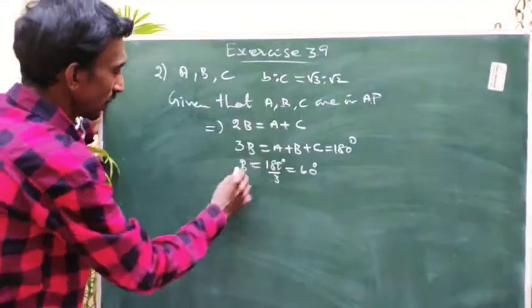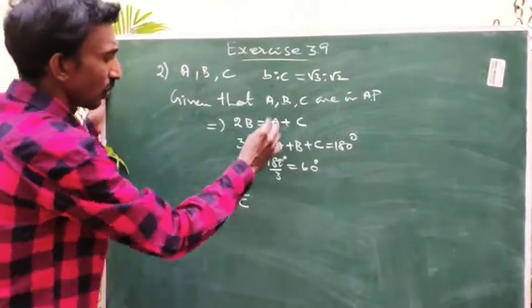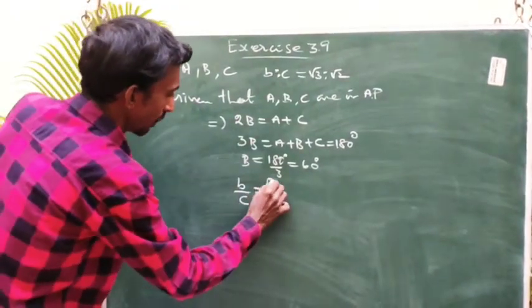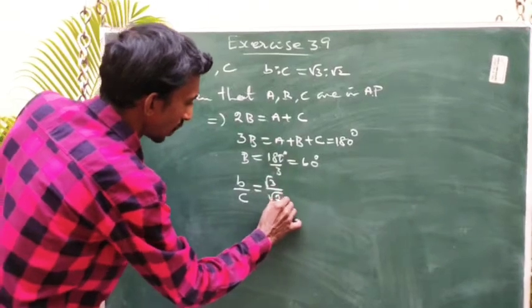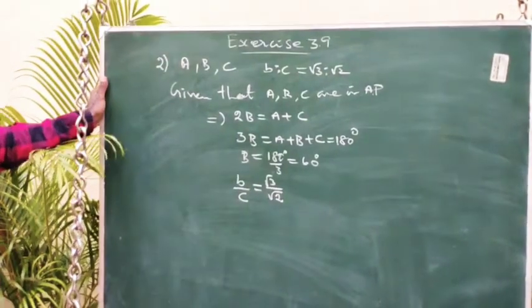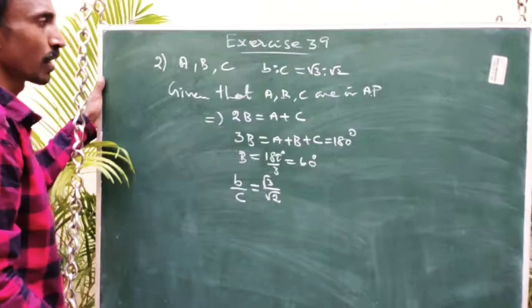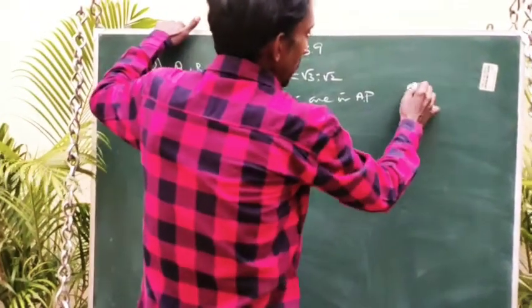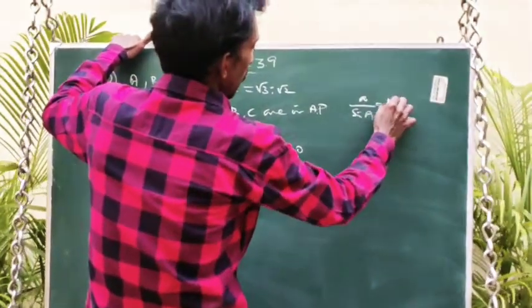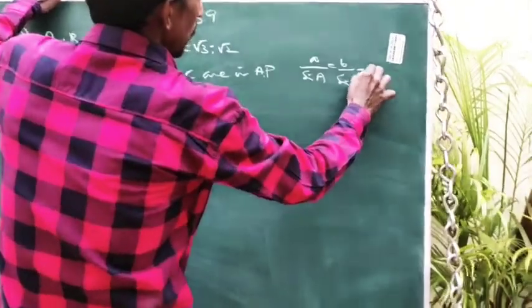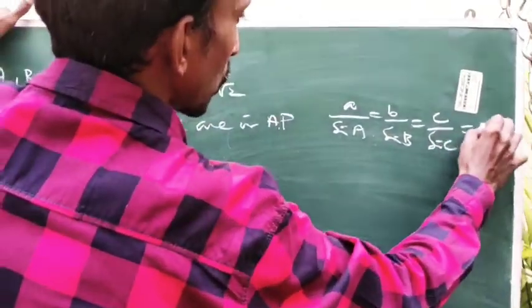Again, what is given? b is to c equal to root 3 is to root 2. That means b by c equal to root 3 by root 2. So use the sine formula. We know that a by sin A equal to b by sin B equal to c by sin C equal to 2R.